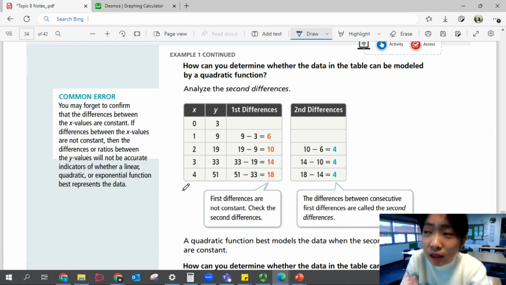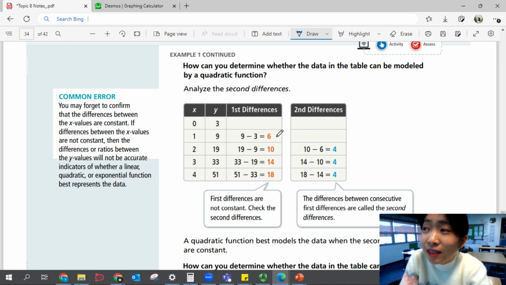But the x values are the same, we just have different y values. If you figure out the differences, they're not constant, they're not equal. So we want to check if it may have a pattern. It may have the same difference between consecutive first differences.